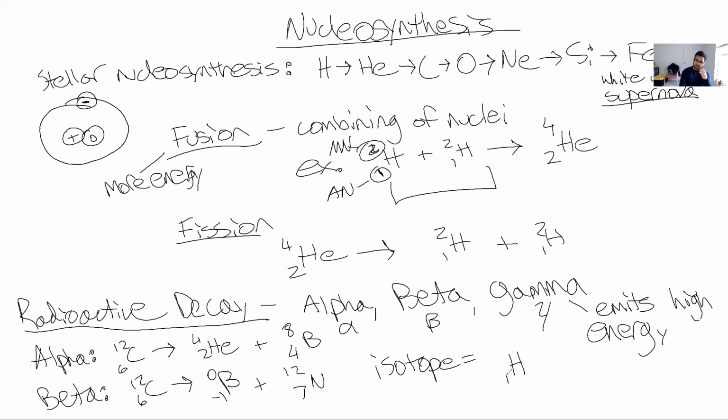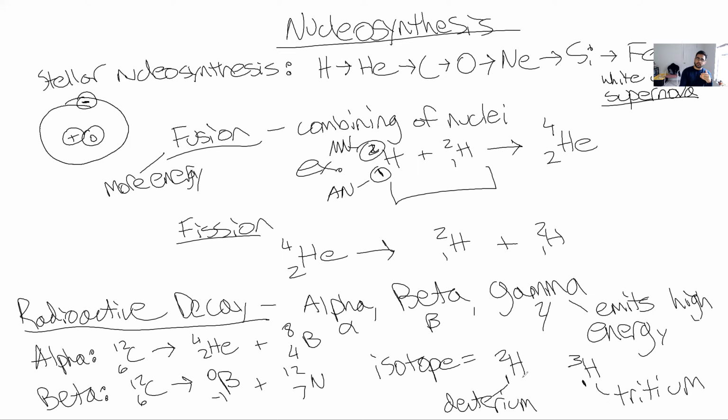Hydrogen atoms always have 1 proton, but one hydrogen atom could have 2 nucleons, 1 neutron and 1 proton, and that would be called deuterium. But if it has 3 nucleons, 1 proton and 2 neutrons, that would be tritium, another isotope of hydrogen.